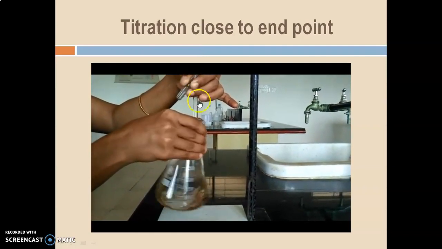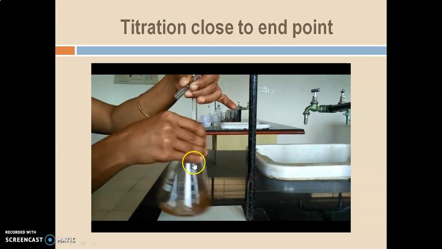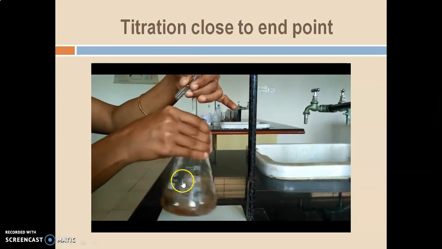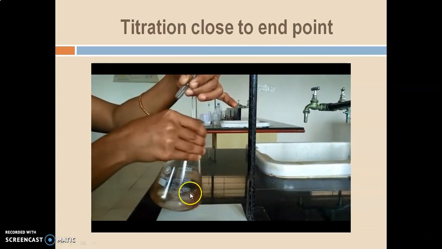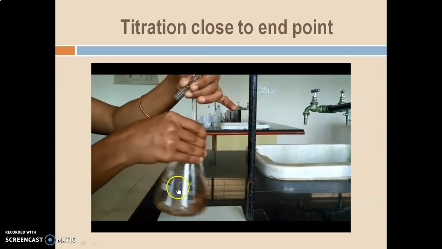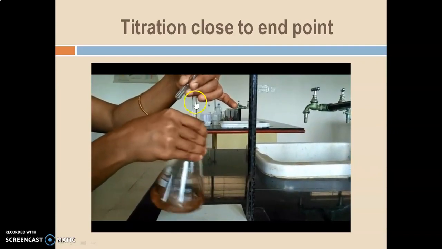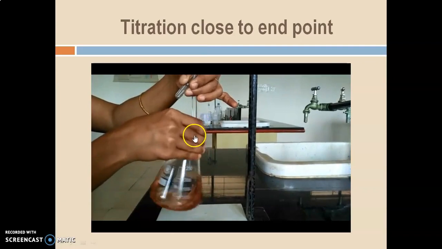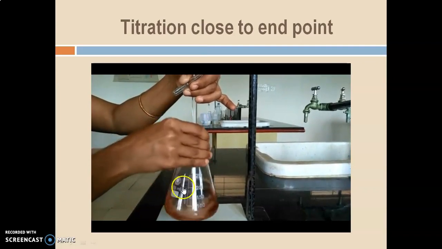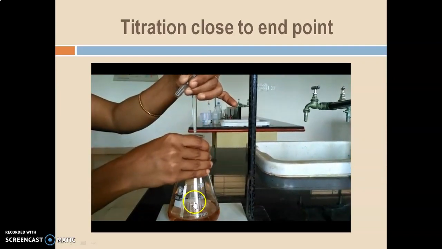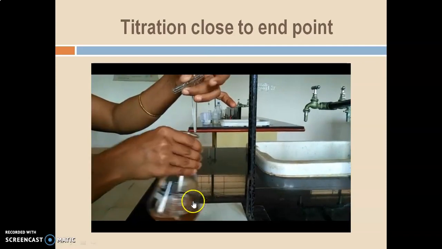And as the FAS addition is continued, enough mixing has to be given because in this redox titration, the reducing agent FAS should effectively mix and react with potassium dichromate.